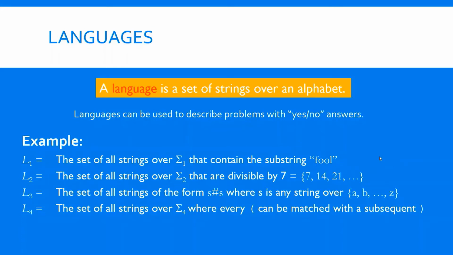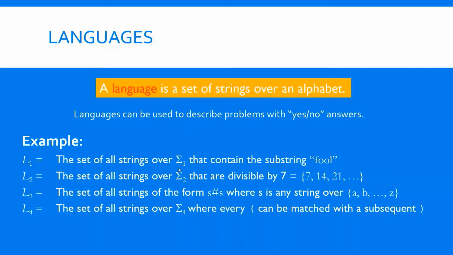All possible words is my sigma 1 star. L1 is a subset of sigma 1 star. It doesn't contain all strings. It is just a small subset of sigma 1 star. So this is one example. You can take another language of sigma 1.